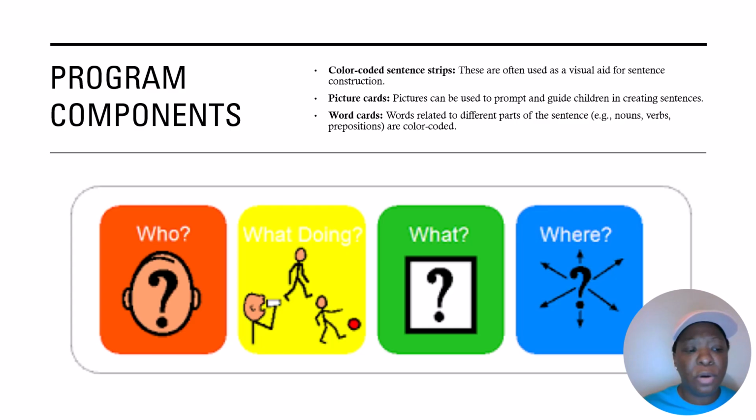So, again, the approach has four key color coded strategies. Once a child has mastered the first four strategies, additional levels are gradually introduced to include adverbs, adjectives, conjunctions, and negatives as appropriate. Intervention can be one on one, or in small groups, or rolled out as a whole class approach in certain situations.